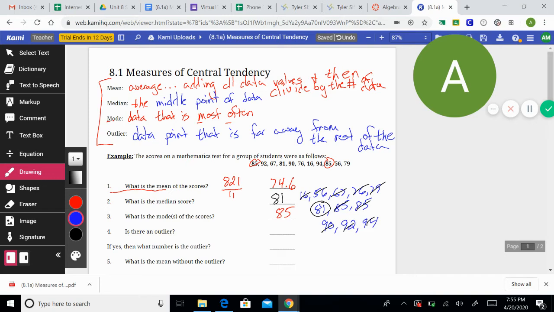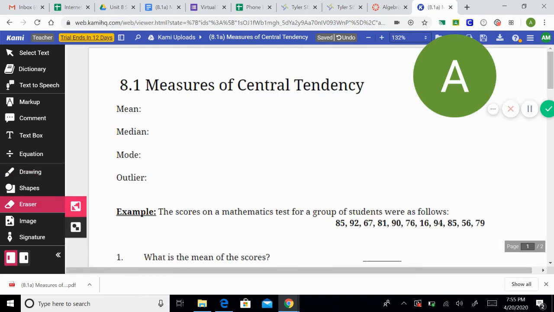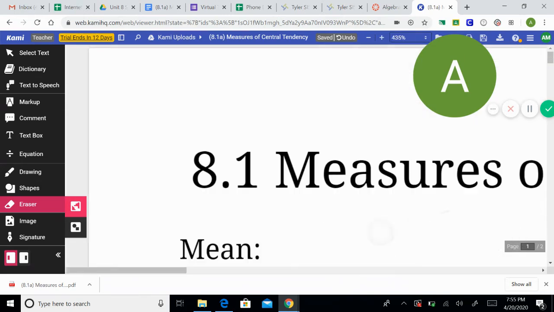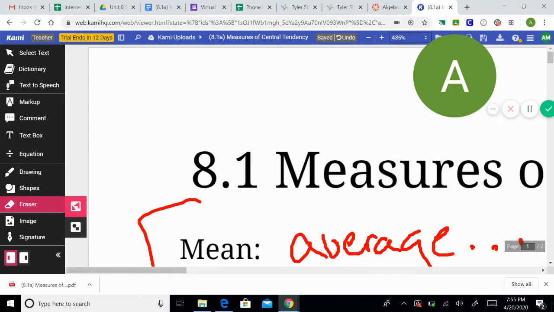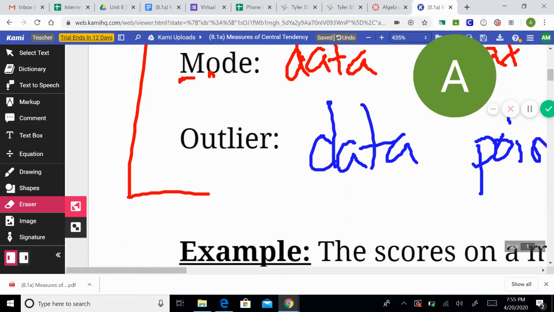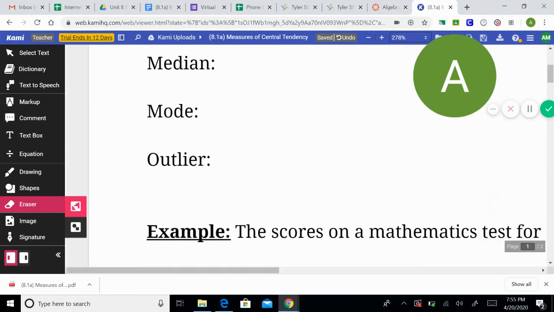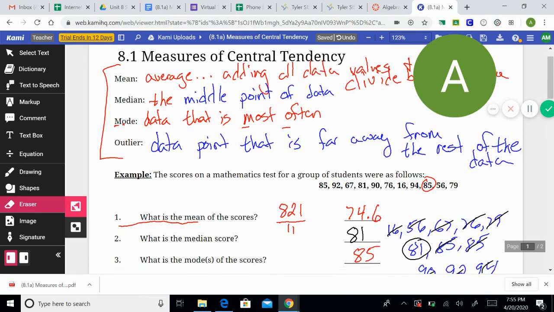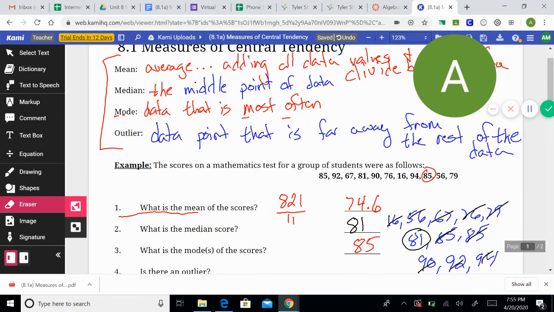So, if we're looking at our data, what do you guys think is an outlier here? Are there any values that are far away from the other values? Whoa, it zoomed way in. Hold on, guys. Okay, is there any data that's far away from the other ones?